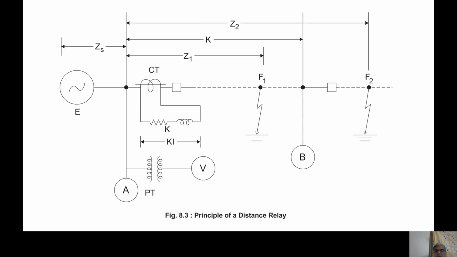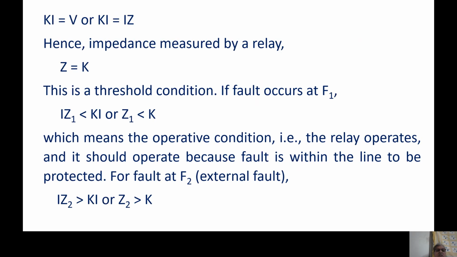Because K is my set impedance. K is larger, Z1 is smaller. Or other way around, Z1 is less than K. Z1 is less than K is the operating condition. Other way of speaking, any point which lies within the circle is the operating region.